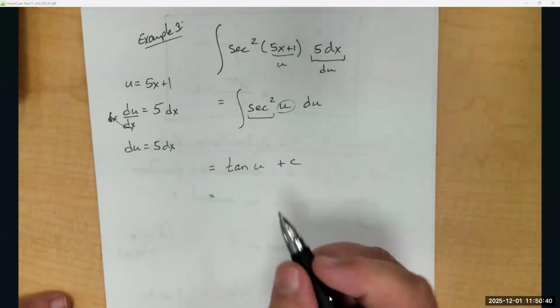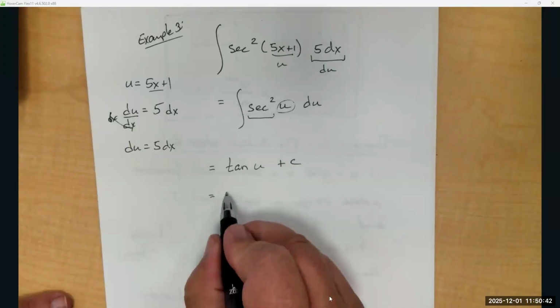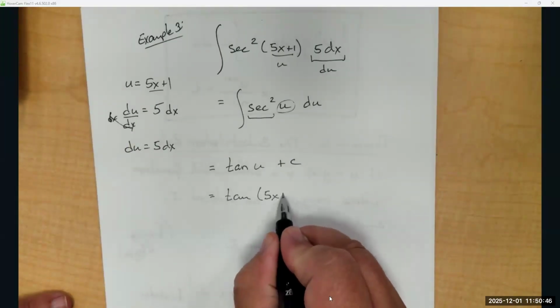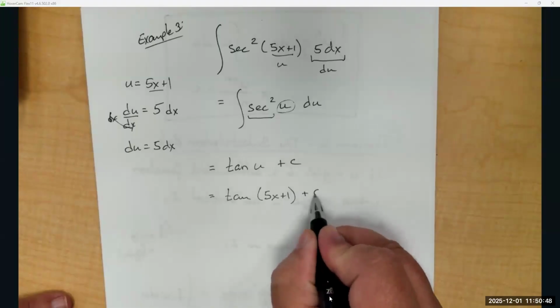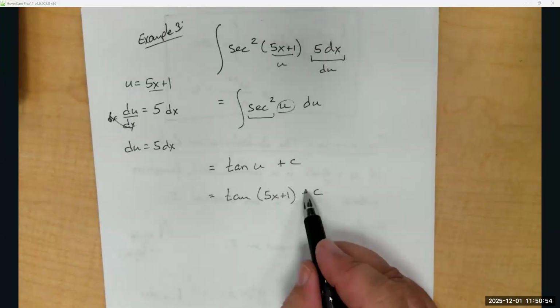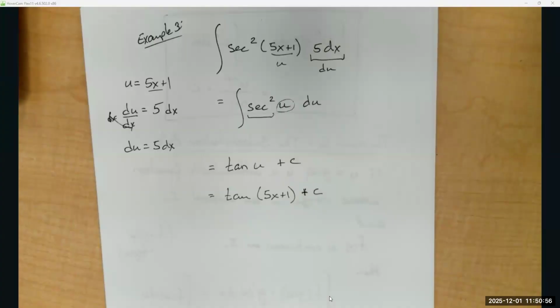And now we resubstitute. u is 5x plus 1. So the answer is tangent of 5x plus 1 plus c. Do not forget that plus c. I guarantee you, you're going to be doing your homework, you're going to enter it, and it's going to say wrong, only because you forgot a plus c.